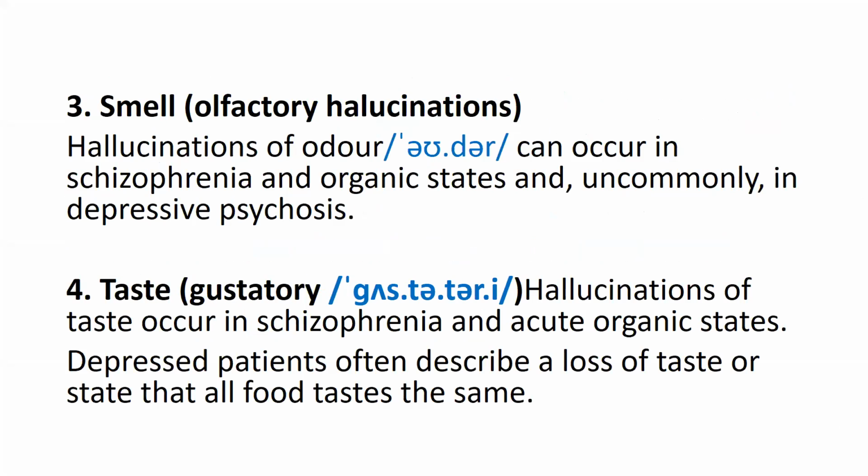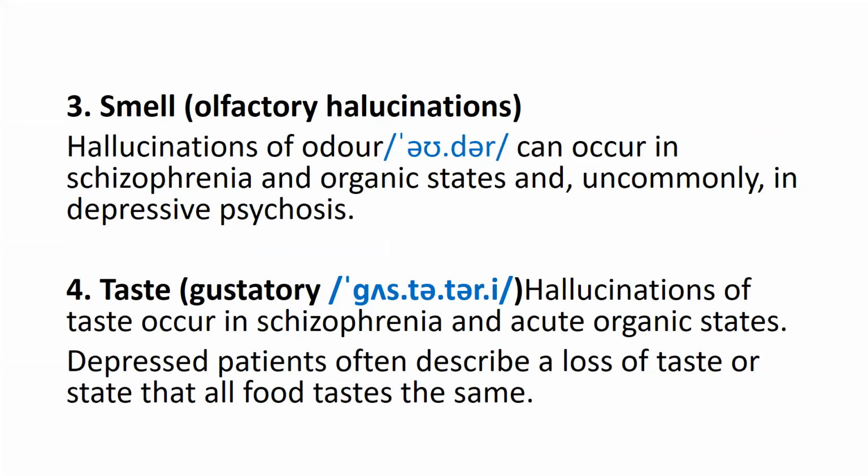Now move on. Smell or taste hallucinations. Well, usually we can see them in schizophrenia or in a deep depression. Of course, sometimes in organic states. For example, in taste, a depressive person can report that the food, the meat, is awful.